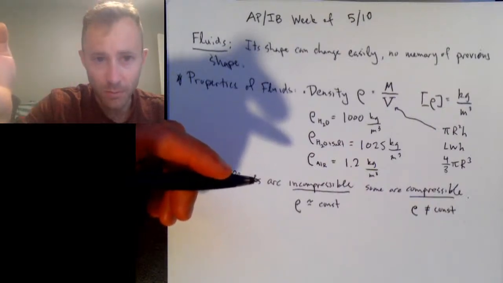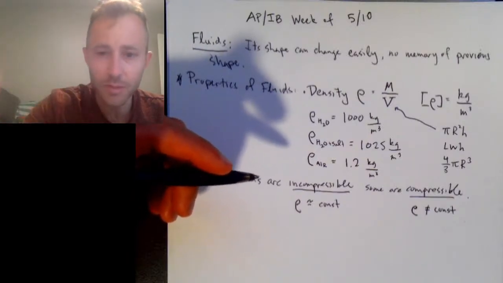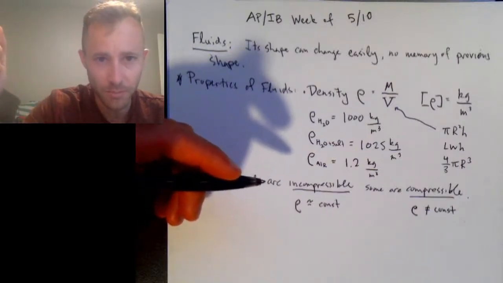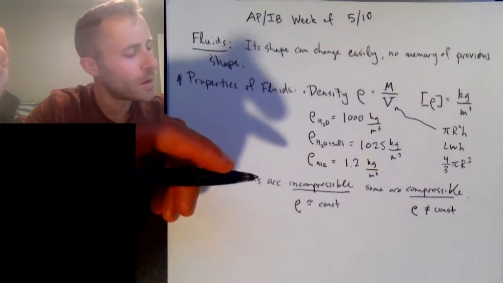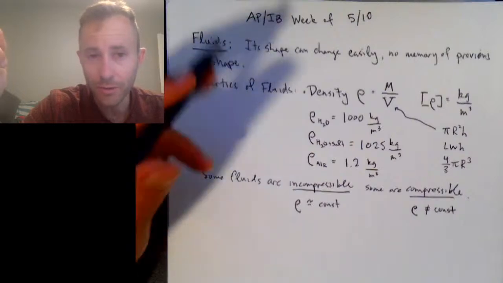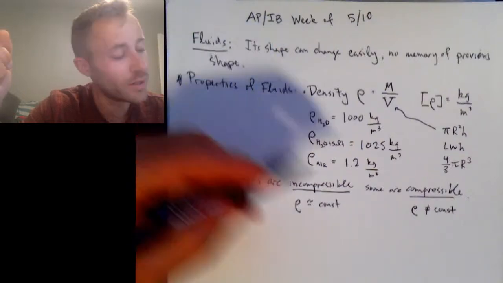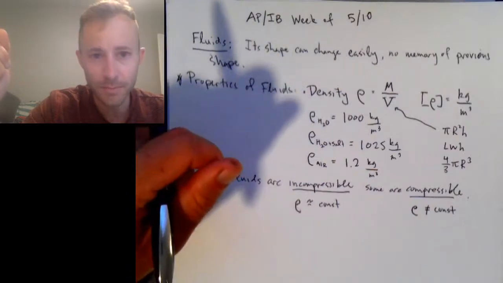So water, for all intents and purposes, under normal circumstances, can be considered incompressible. Air, you might think air is compressible, but under most circumstances, it is an incompressible fluid.